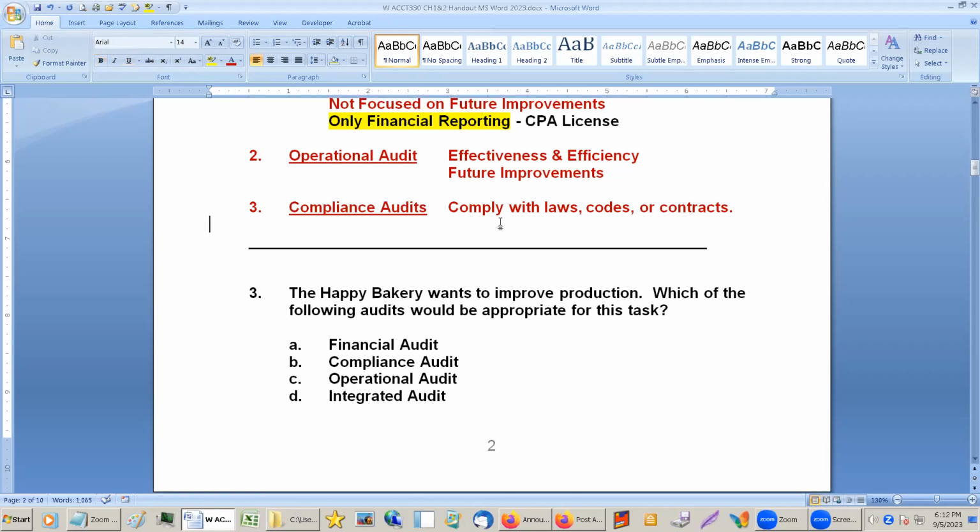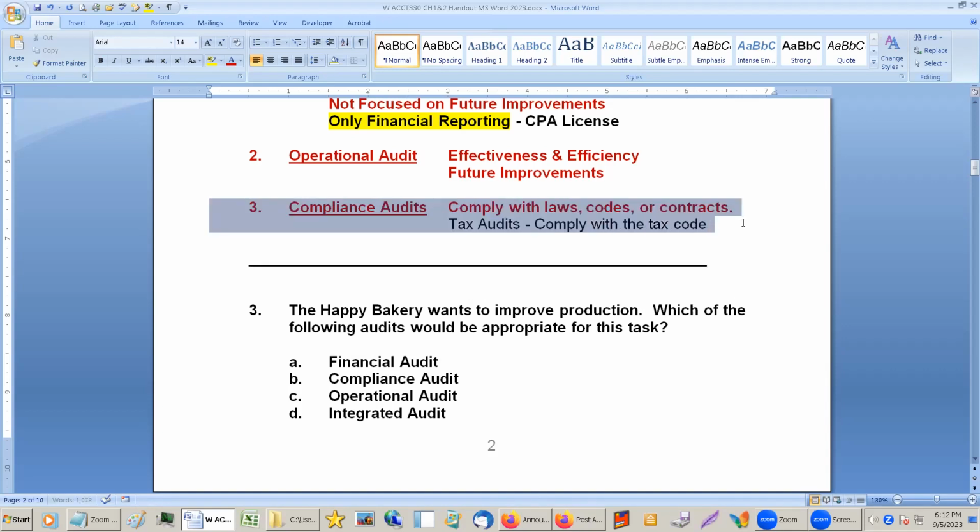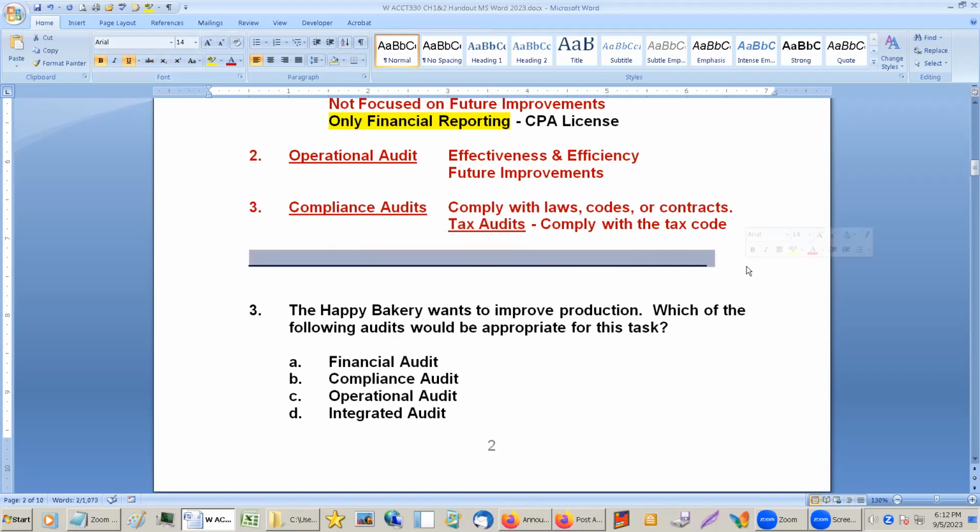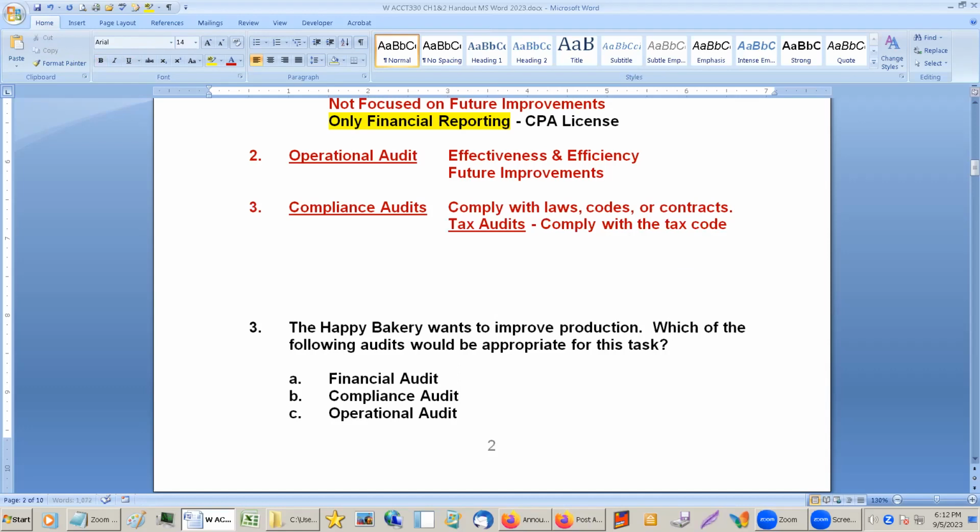An example of this would be tax audits. There could be other ones too.